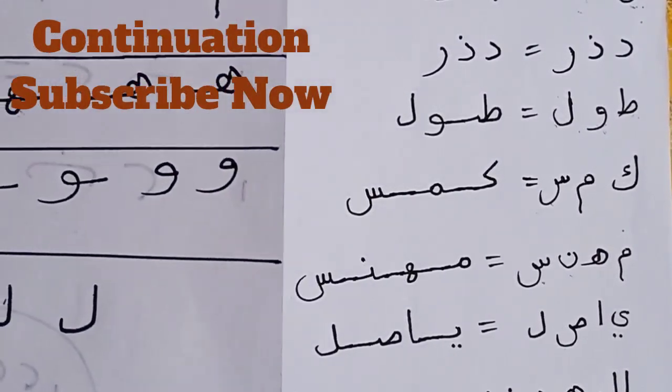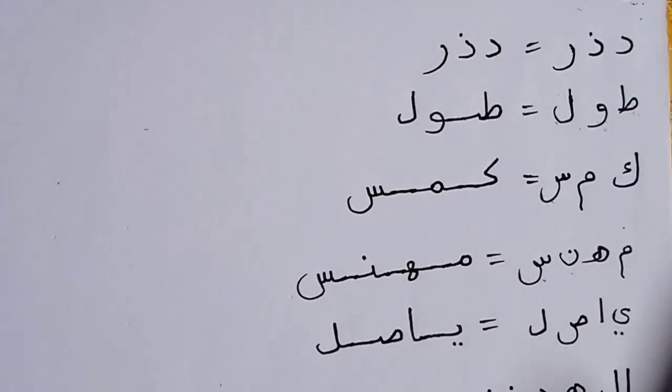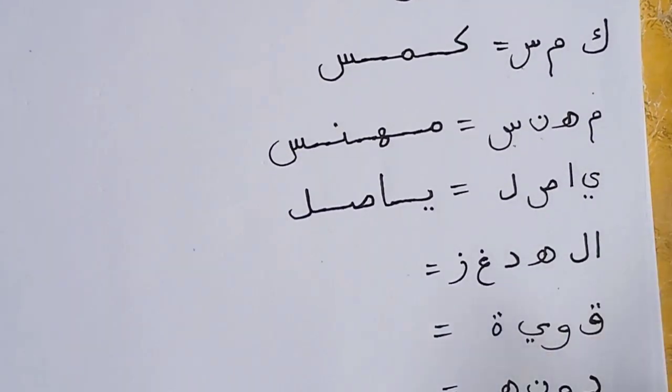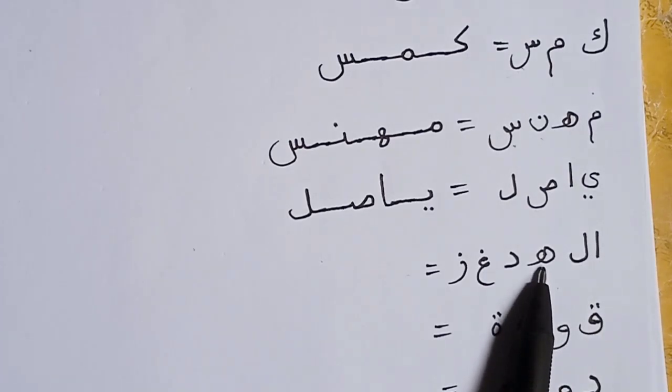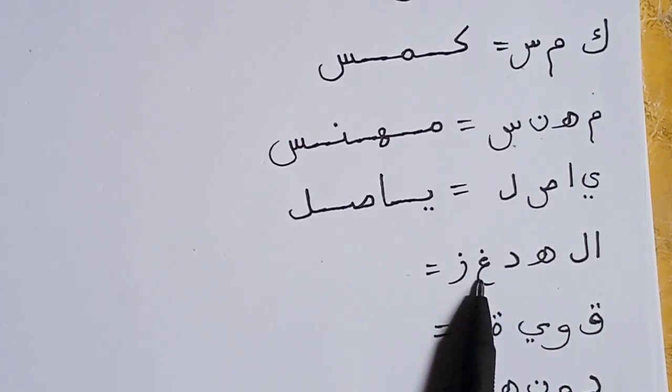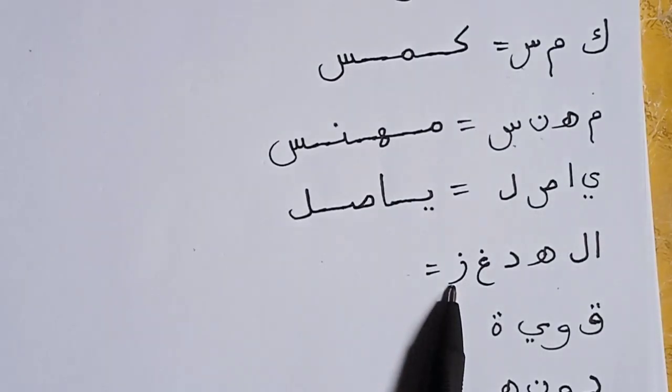So to continue with our lesson, the next example is lam, alif, lam, ha, dal, ghain, and zai.